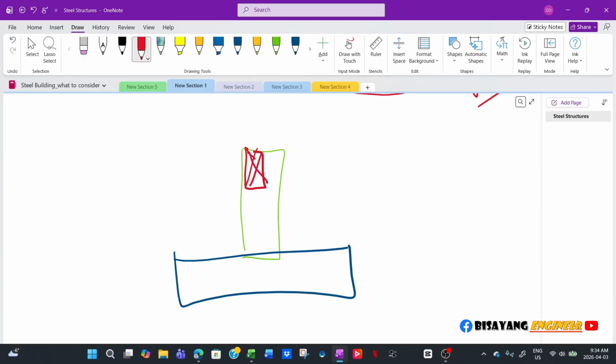I would assume the pilaster is wider than the grade beam. You can consider this to resist the lateral load. You have your frame here, then you have your lateral force, so you have the passive resistance of your grade beam.